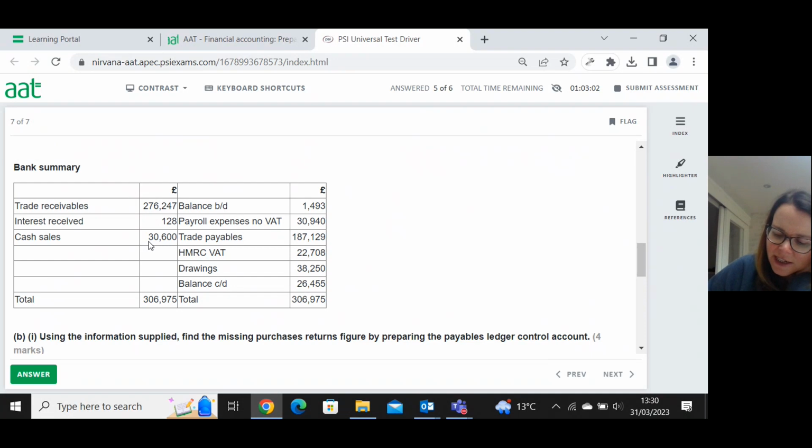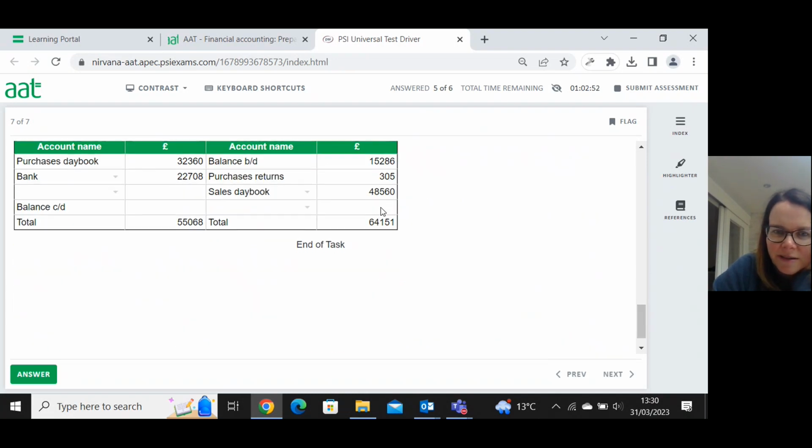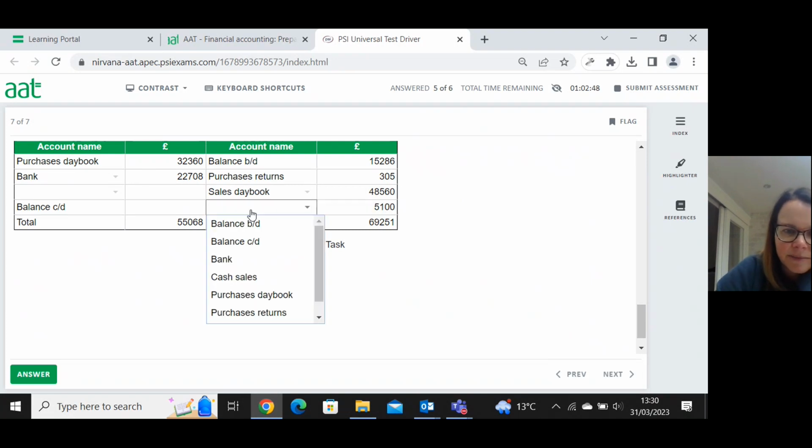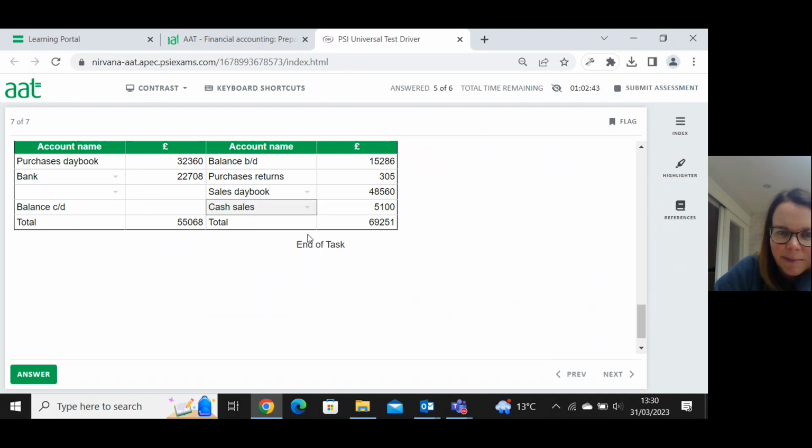So if we've got total cash sales of 3,600, the VAT on them divided by 6 is 5,100, which will be payable to HMRC. You might have figured that out by looking at the drop downs, actually. I was jumping the gun. So let's work that out now. 69251 take away 55068 gives me 14183 as my closing balance.